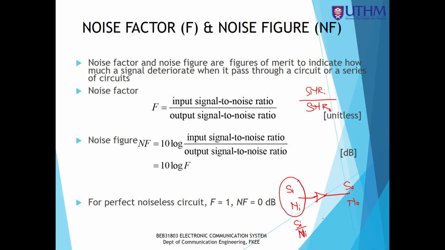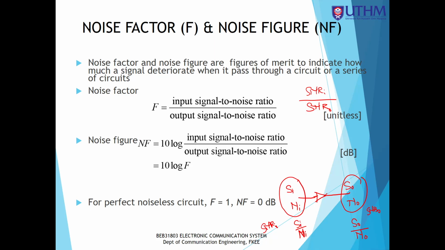Output SNR is SO, output signal power divided with output noise power. So this is SNR I, this is SNR O. That means F is SNR I over SNR O.